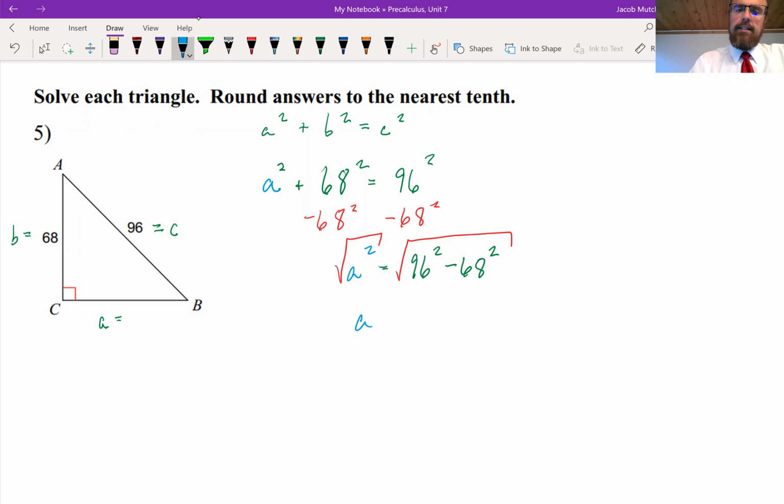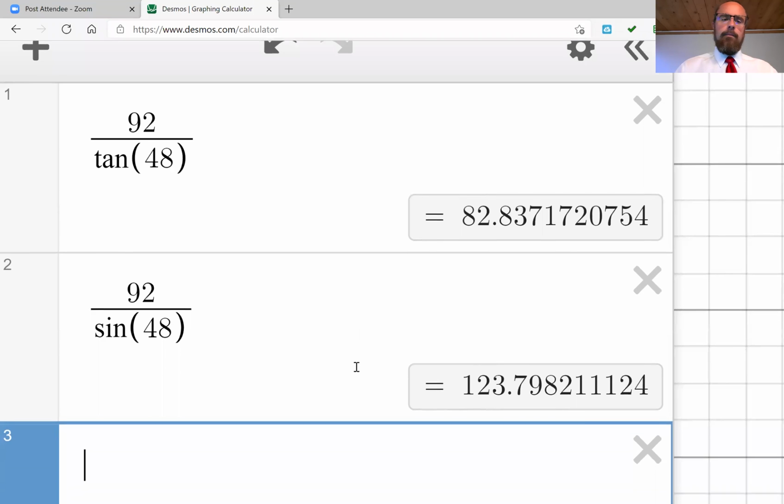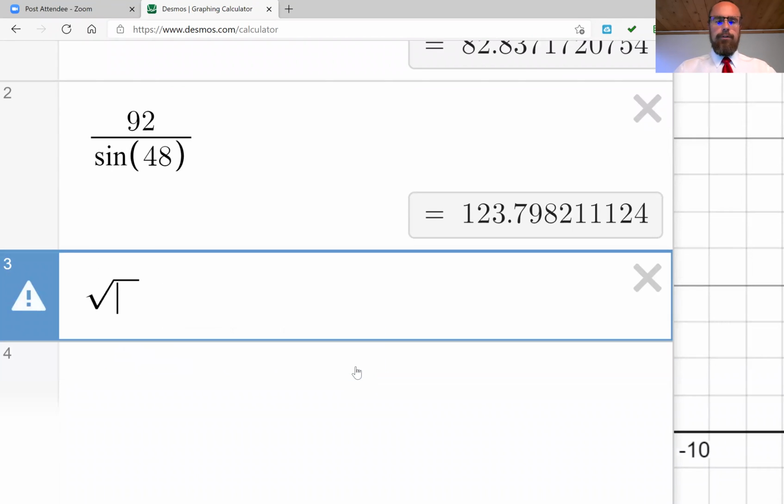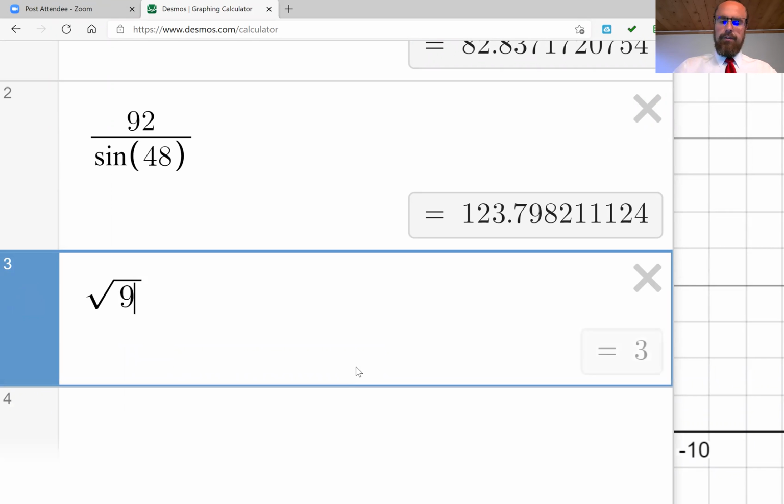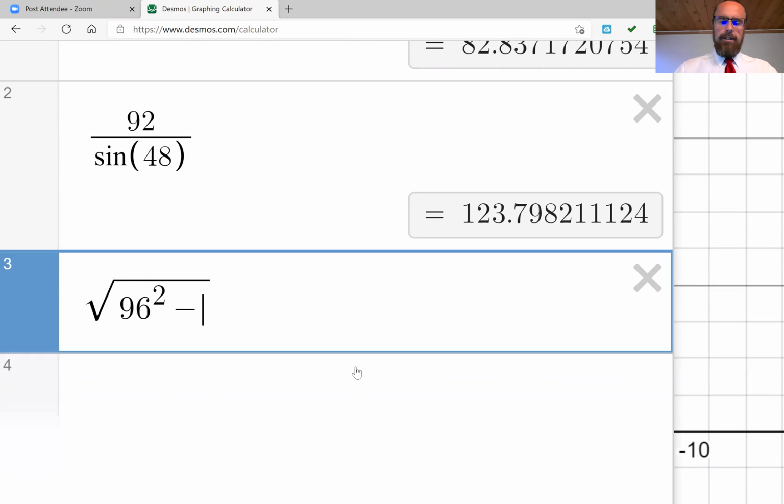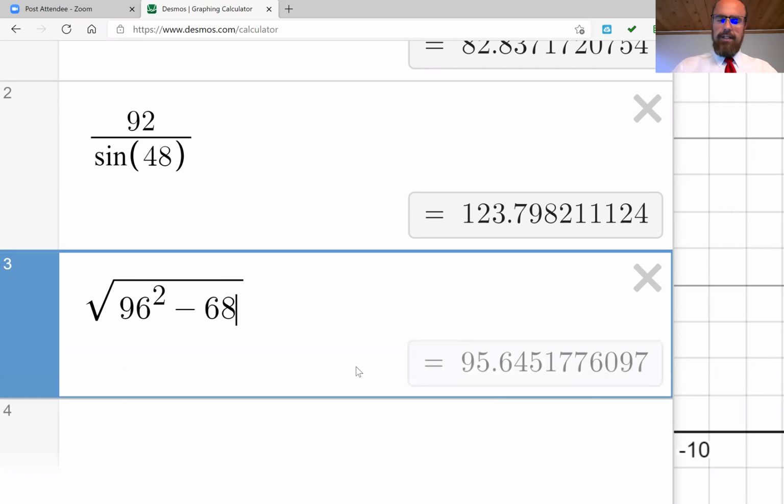And we'll plug that exactly into Desmos. I want to find the square root of 96 squared minus 68 squared. So we'll take that to the calculator to find the value. So it's the square root of, again, 96 squared minus 68 squared.